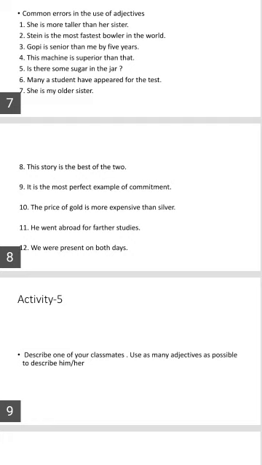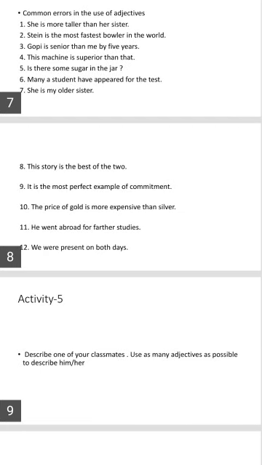I already told you, when two persons are compared, two objects are compared, two places or two groups are compared, we use adjective in comparative degree. This story is the best of the two.